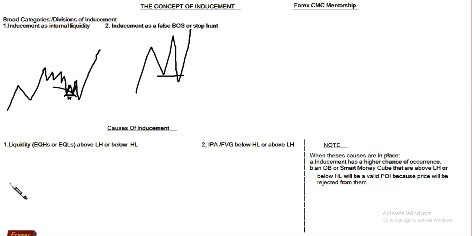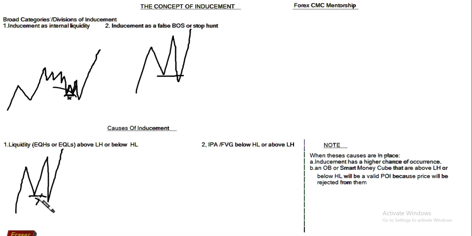Now let me draw something like this, and price further moves in the direction of the trend. Price has taken away these people here, so this is an inducement, or a stop hunt. They are basically the same thing. So what could cause this?